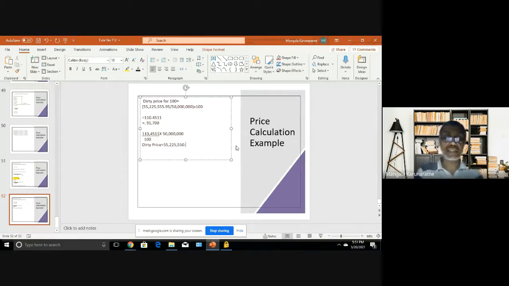You minus 91,700, that is the accrued interest. So then you get the clean price. Clean price of this bond is this minus 91,700, which is 55,133,850.